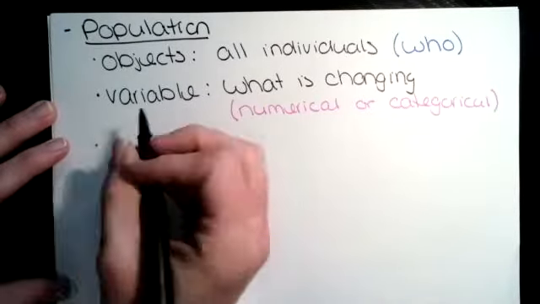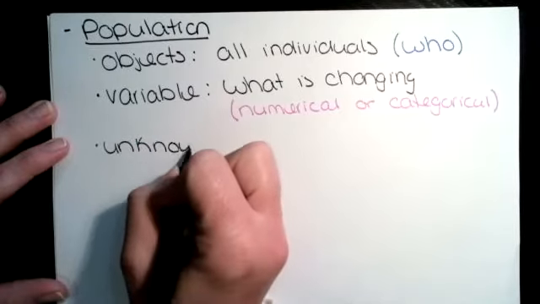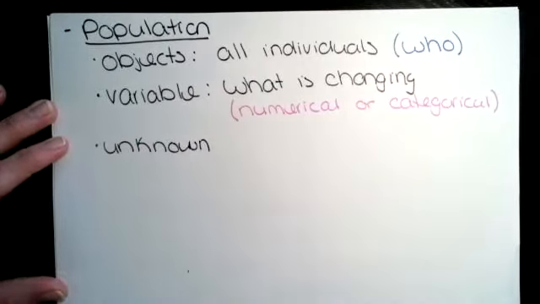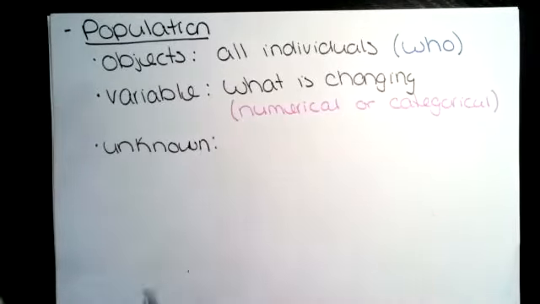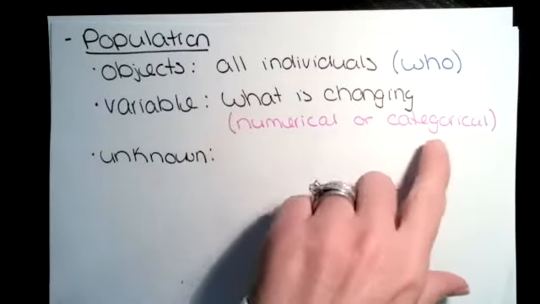So right here, the very next thing is the unknown, which this is new, but it's not. It's just a new name. I want us to talk about what is the unknown. Well, think about this. We're talking about inferential statistics, meaning we have a population mean that we don't know, right? We have a population proportion we don't know. It just depends if it's numerical or categorical.